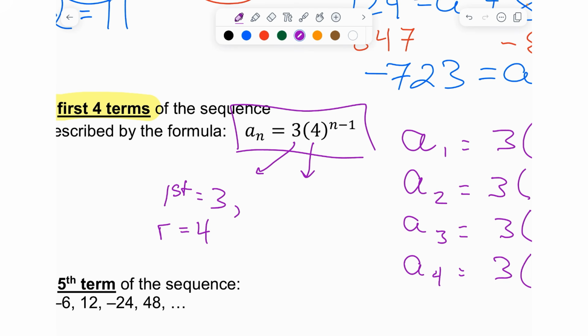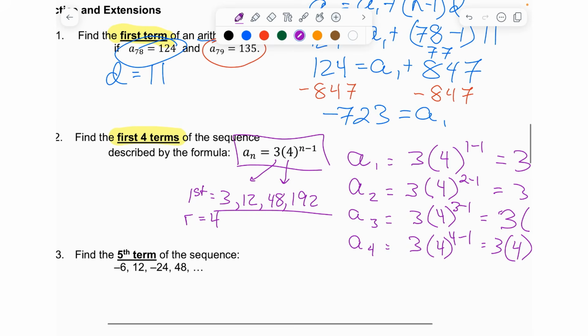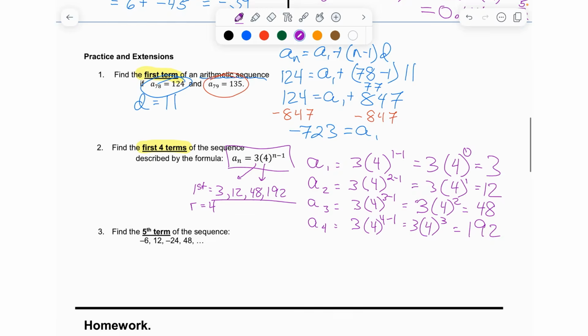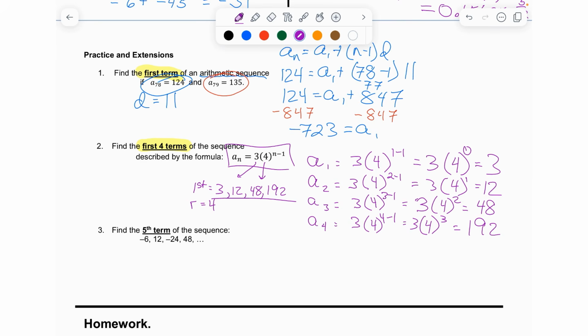And if I just keep multiplying by 4, oh my gosh, I could also come up with a list of my first 4 terms. All right, well, both ways are good. Honestly, completely correct. So sometimes when we're doing an extension problem, there might be a couple different methods.